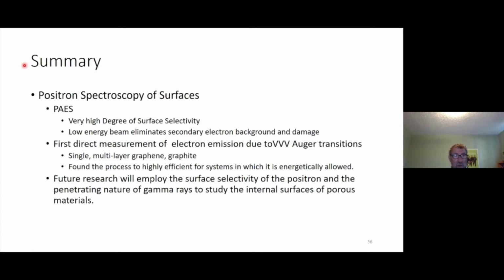And we designed and built a new system, and we've laid out a series of new experiments that we're planning on doing to develop what we hope to be an extremely useful new spectroscopy, in which we use the annihilation gamma rays to study surfaces.